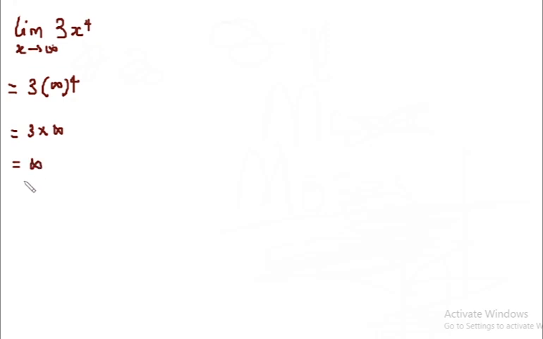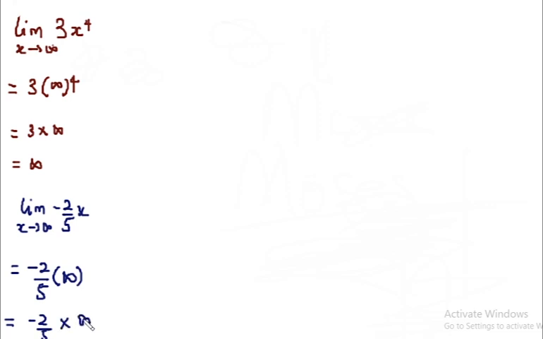Let me quickly take another example to help us understand more. Say we are asked to find the limit of minus 2 over 5 x as x approaches infinity. To do this, we do as we did before. We plug in the infinity for the x values. So we have minus 2 over 5, and then we have our infinity, which is equal to minus 2 over 5 times infinity.